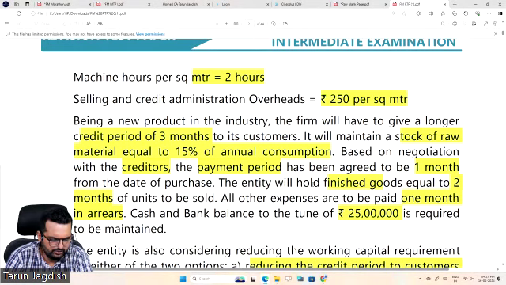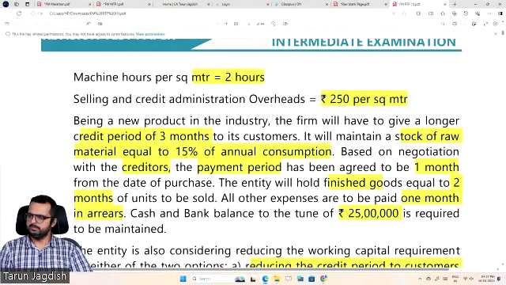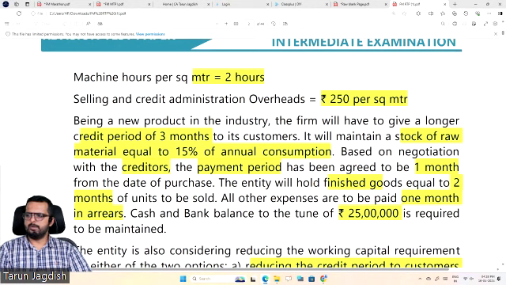Based on the negotiation with the creditors, the payment period has been agreed to be how many months from the date of purchase? 1 month. So write down credit period. Sorry, not credit period. Creditors payment period.